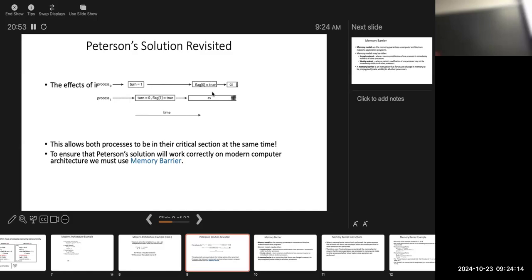So now you have process 0 setting turn equal to 1. Let's say that on the side of process 1, this is also executed out of order, so turn is equal to 0 is set first, and then flag 1 is set equal to true, right? This is the timeline. Process 0 executes, then let's say it is interrupted and kicked out by the scheduler.